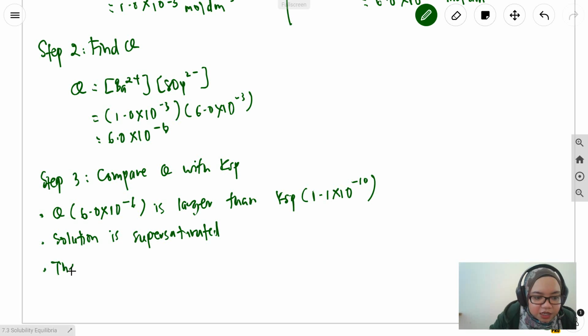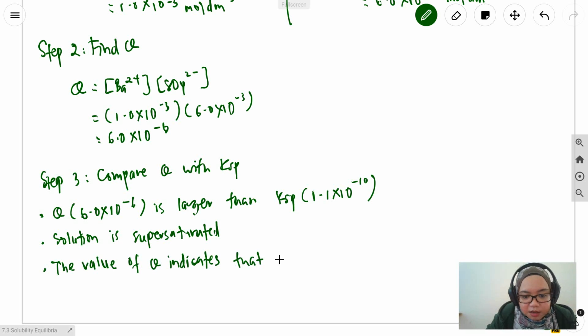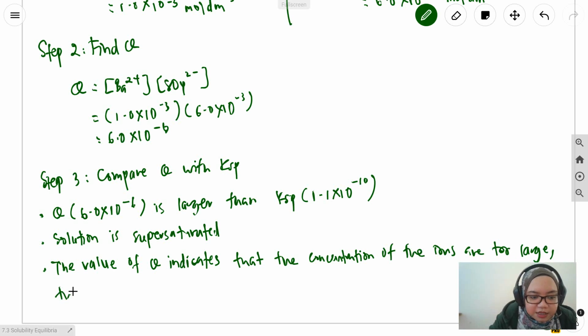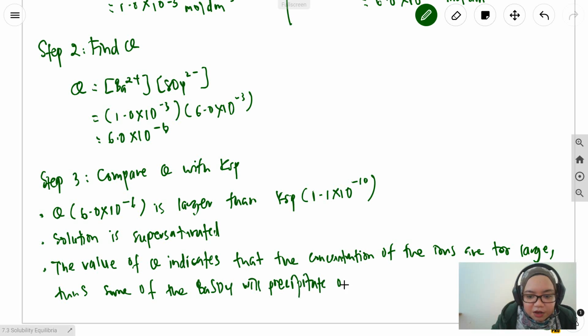Yes. So, the value of Q indicates that the concentration of the ions are too large, thus some of the BaSO4 will precipitate out of the solution until Q is equals to KSP.